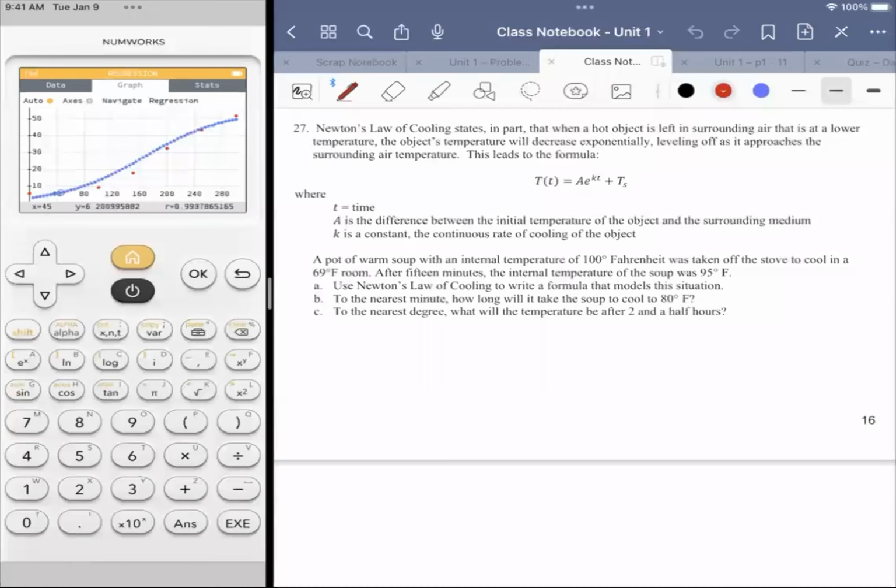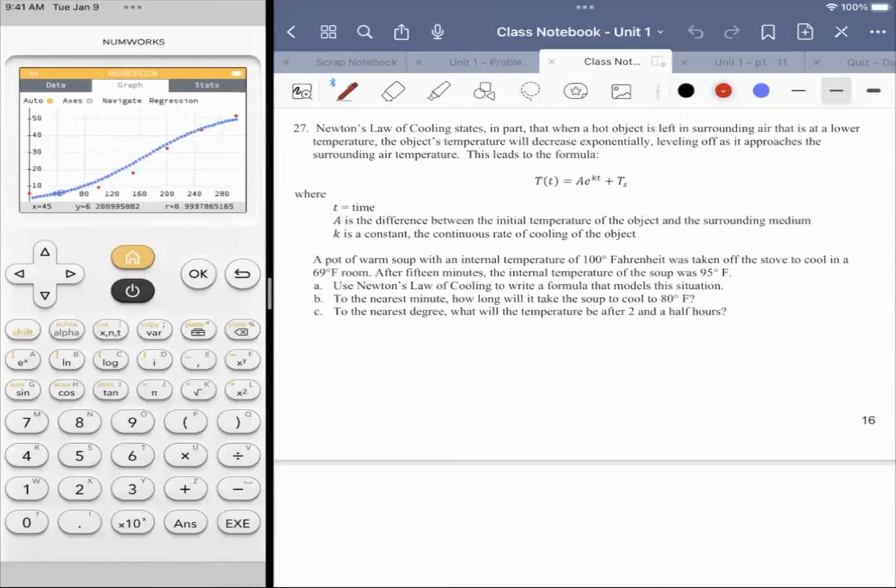If I take something out of the oven, like a pie, the lowest temperature it'll ever get to is the temperature of the surrounding medium. It's not like you could take a pie out of an oven and leave it there for 20 hours and expect it to be an ice cube afterwards. If the temperature of the air around the object is 60 degrees, 68 degrees, 70 degrees, whatever, that's the temperature that it's going to approach.